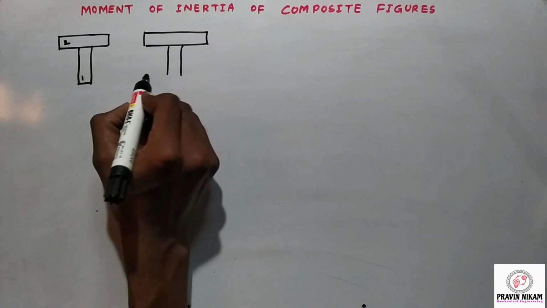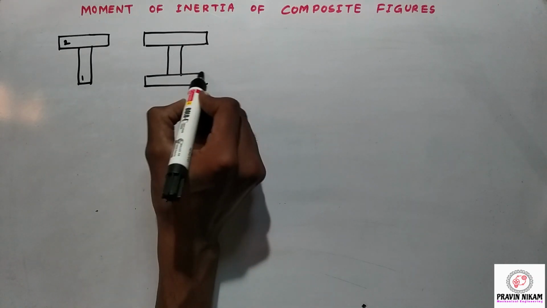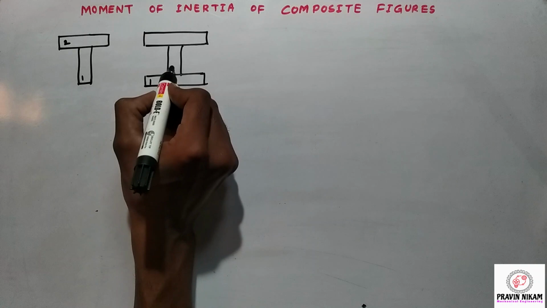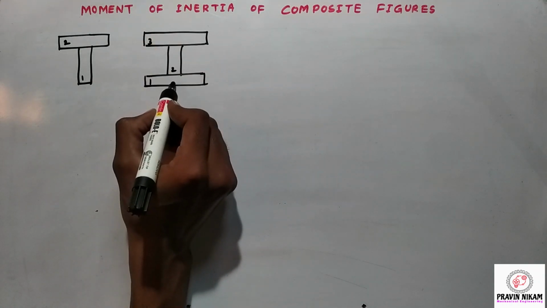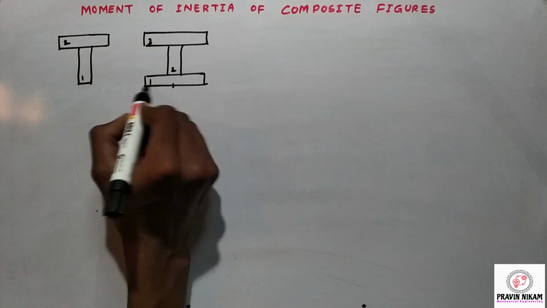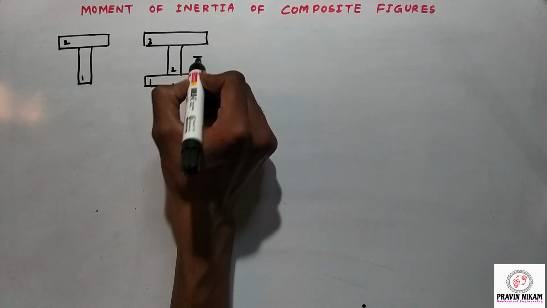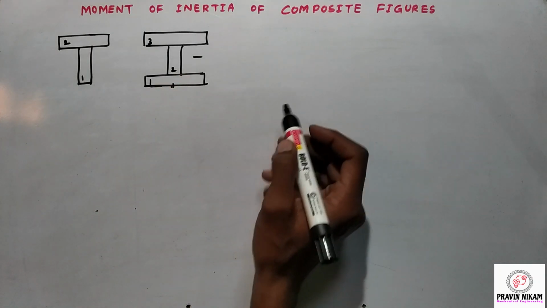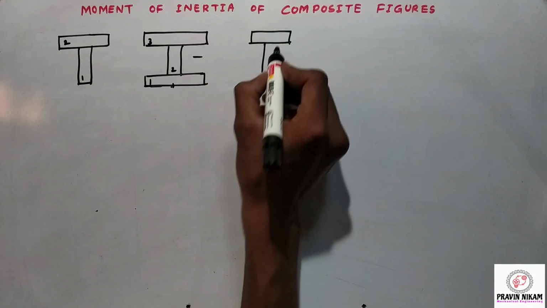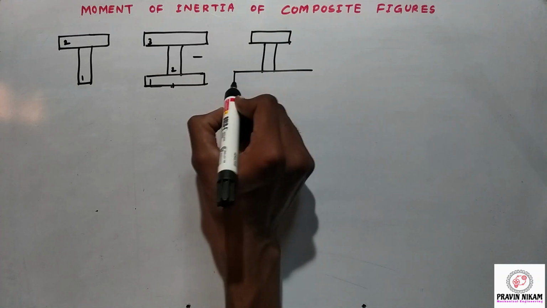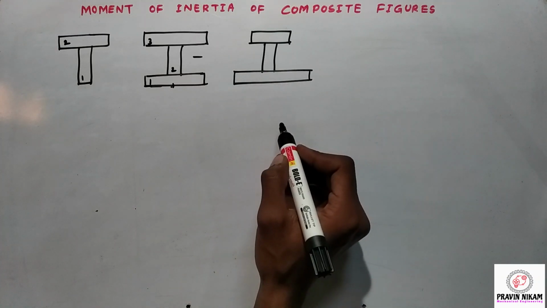It is symmetrical I section. It consists of 3 sections, 1, 2, 3. And its centroid is X bar is this distance and Y bar is this distance half. Then this is unsymmetrical I section. This is unsymmetrical I section.